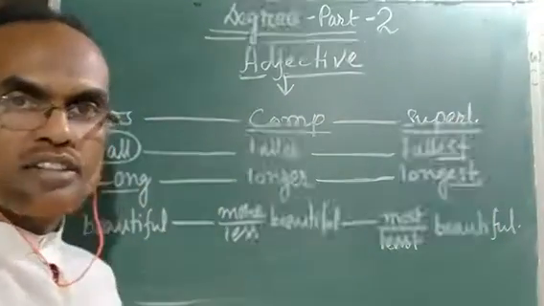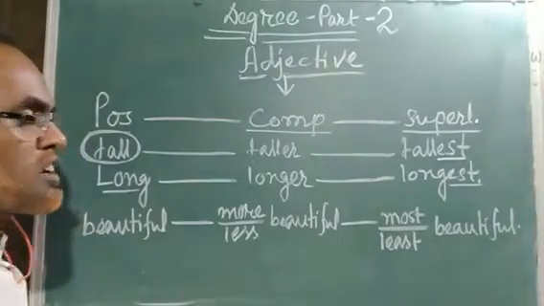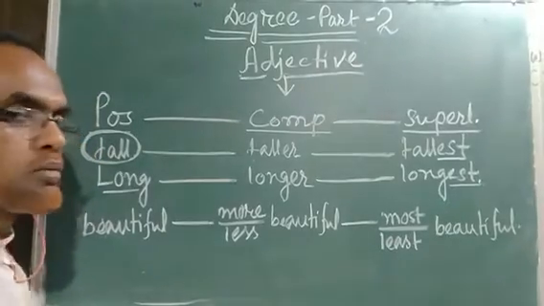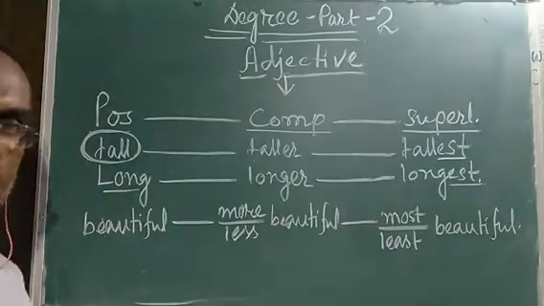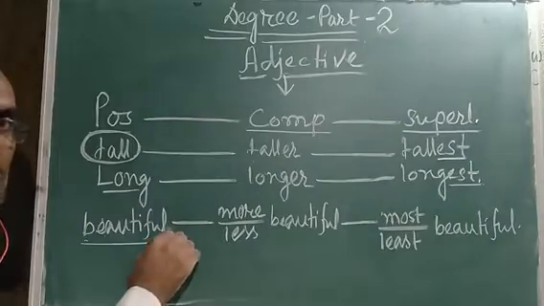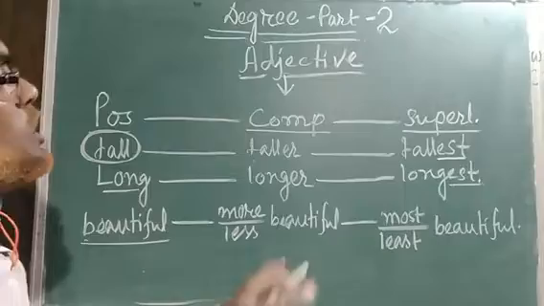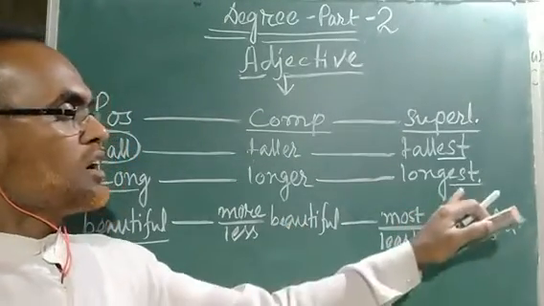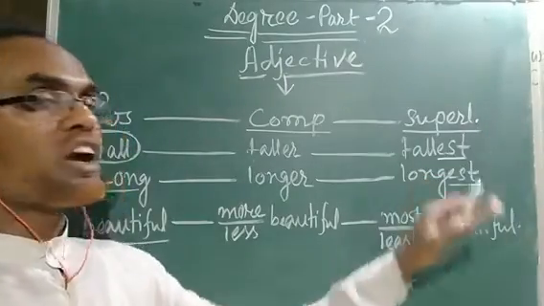But there are some adjective words with which we cannot add er or est to make comparative and superlative degree. For example, beautiful. We cannot add er with beautiful to make it comparative, or add est to make it superlative degree.